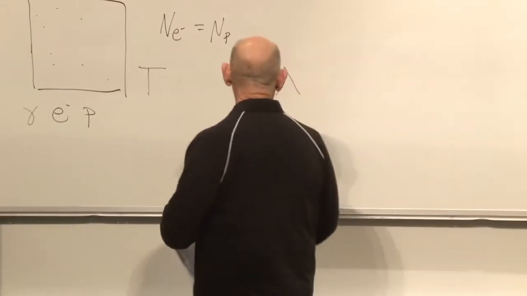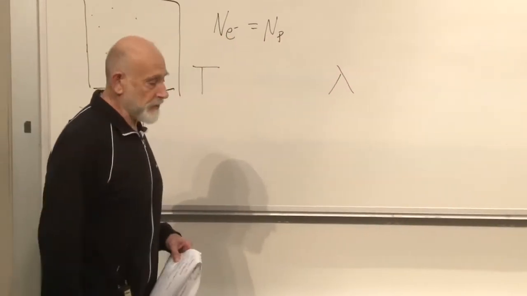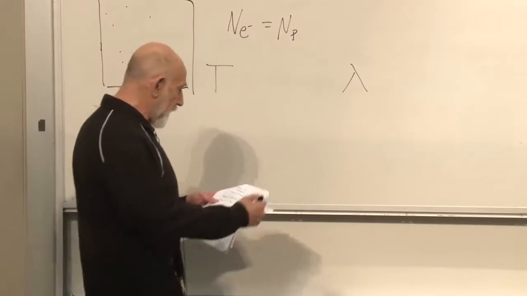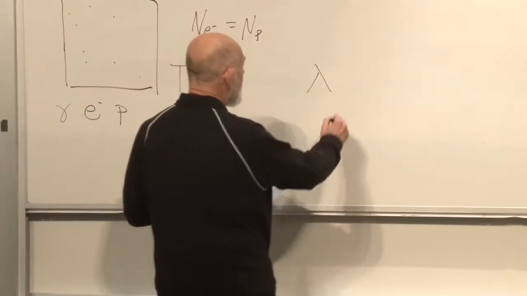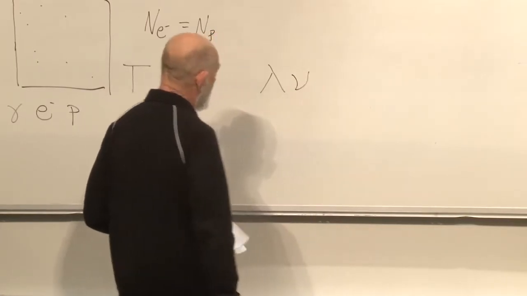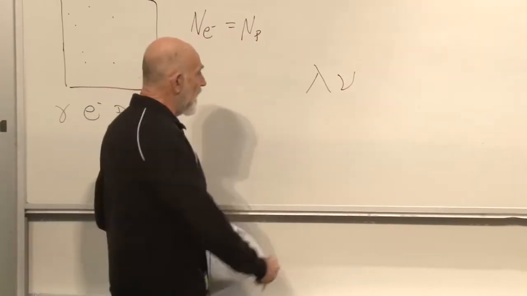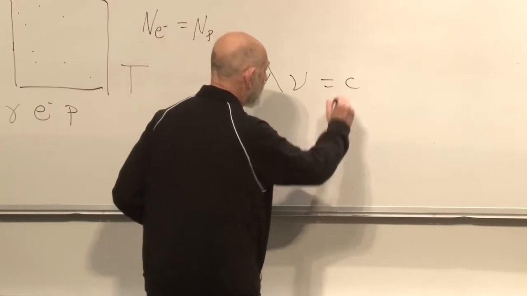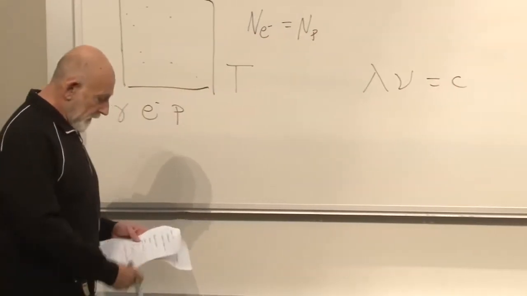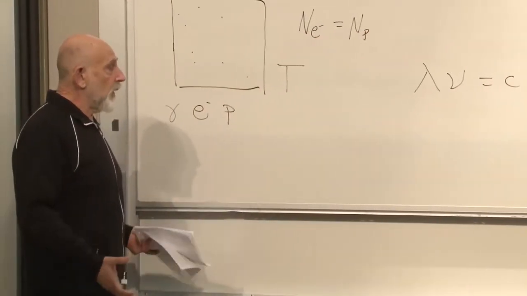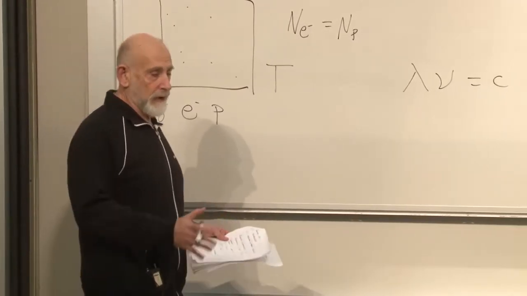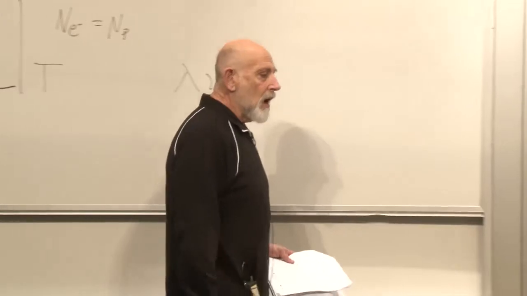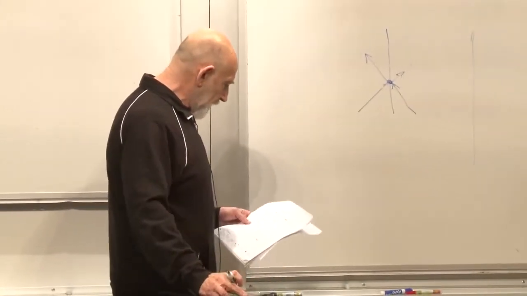We could also characterize radiation not just by wavelength, but equivalently by frequency. The relationship between frequency and wavelength is that the product of the frequency and the wavelength is equal to the speed of light. Okay, so either wavelength or frequency, and as I said, there are many, many different frequencies. There's a whole spectrum of frequencies inside the box.